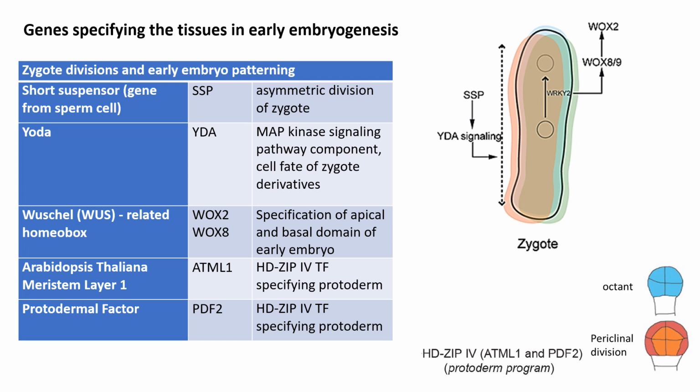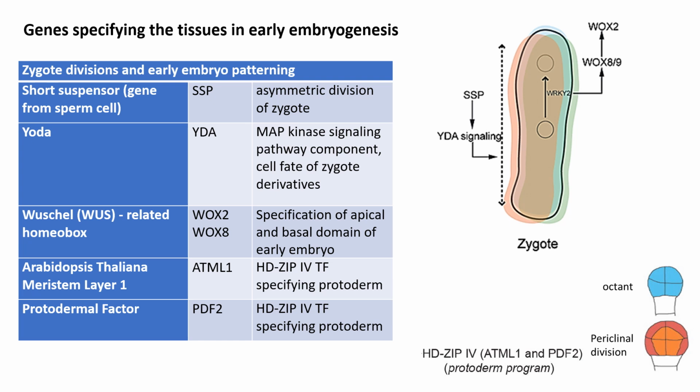Finally, there are two genes which play an important role in specifying the protoderm. These are transcription factors of the HD-ZIP type. First is the Arabidopsis thaliana Meristem Layer 1 gene, ATML1, and the second is a gene which codes for a protodermal factor, PDF2. On the right is shown a tentative signaling pathway involving these genes.